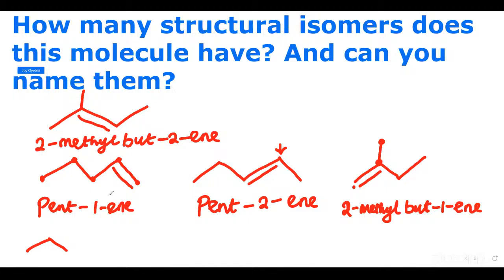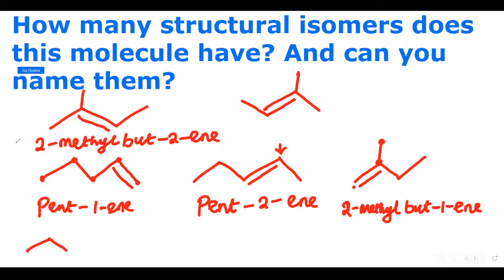Now we can reduce this further and make it a 3 carbon chain, like what you have below here. So maybe we'll put it on top so you can see it. So we have 1, 2, 3, and then you have your double bond right here. So this one is not possible. I just saw that. If you put 1 here, you can no longer put another bond. So your bond can either come here, which is the same as what you have here, and it can also come on this side.